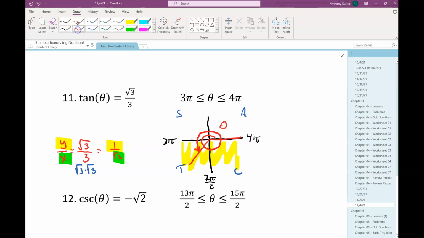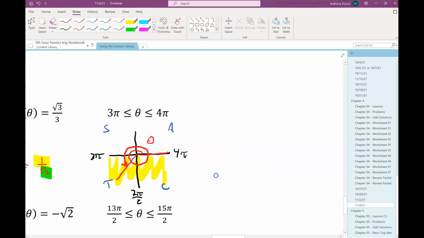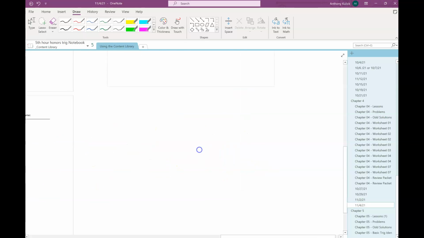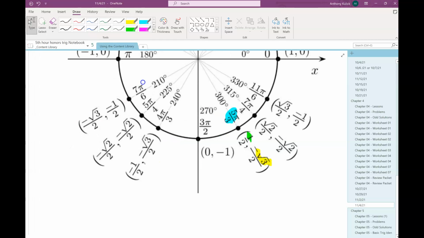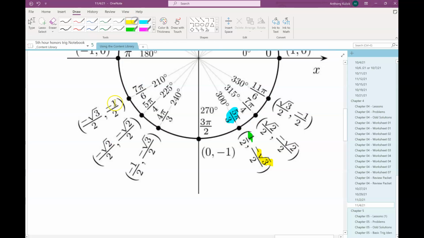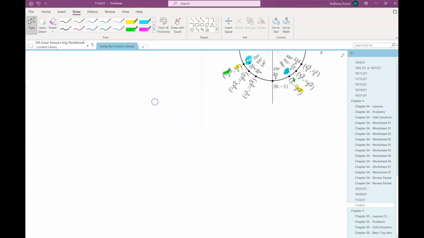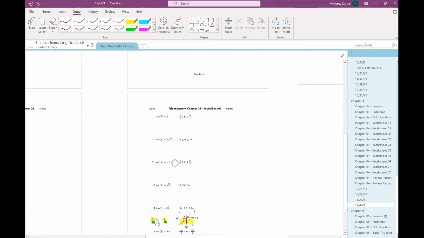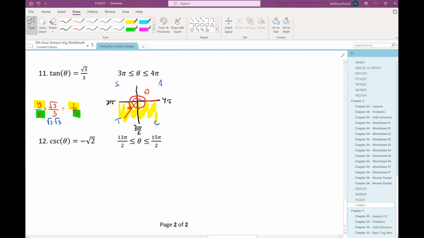Inside of quadrant 3, again, I don't care about negative signs on any of this because we've already figured out the quadrant. So if I go and do that, I'm looking at this spot here. So 7 pi over 6. So far, so good. Okay.